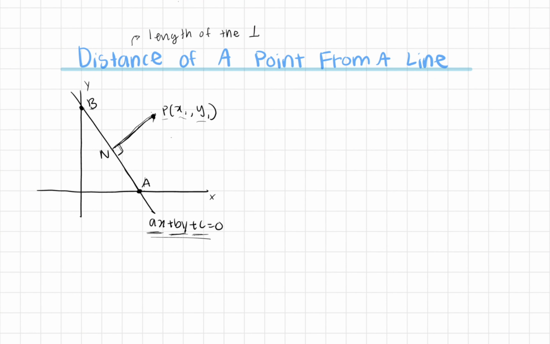The formula for finding the length of PN is equal to the absolute value of Ax1 plus By1 plus C over the square root of A squared plus B squared. So that is the length of PN.